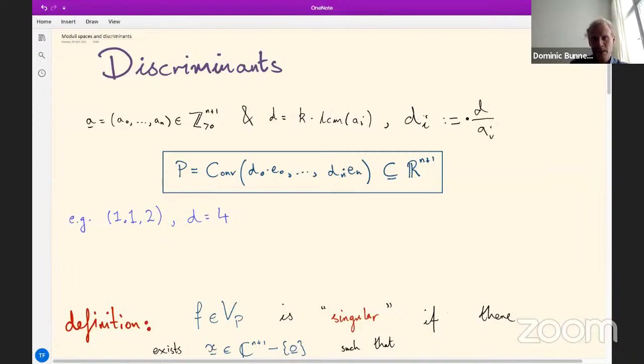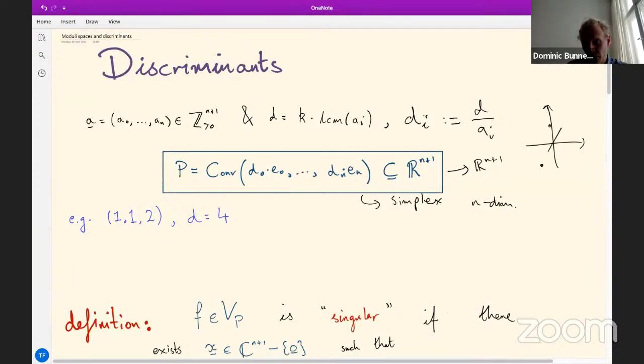So the polytope here is a simplex. It's an n-dimensional simplex, and it's actually sat inside our n+1 space, so it's non-full dimensional. If you imagine we have 3 space, it's like taking this point and this point, and we take the convex hull. So this is a two-dimensional simplex inside 3 space.